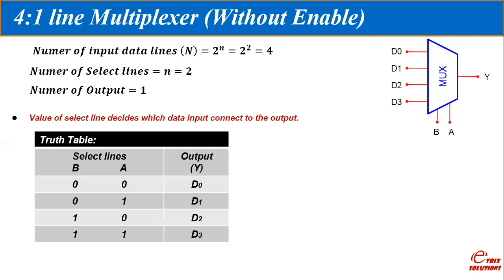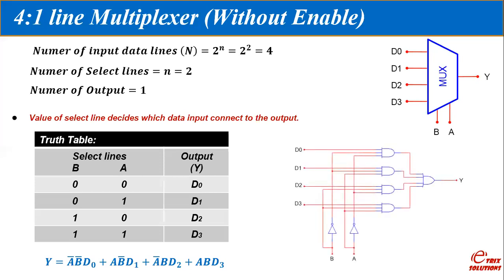Y. And from this truth table, we can write the Boolean expression that Y equals A bar B bar D0 plus A B bar D1 plus A bar B D2 plus A B D3. And once you have the Boolean expression, then you can draw the logic diagram very easily. So in this Boolean expression, you can see that 4 AND gates and 1 OR gate are required.